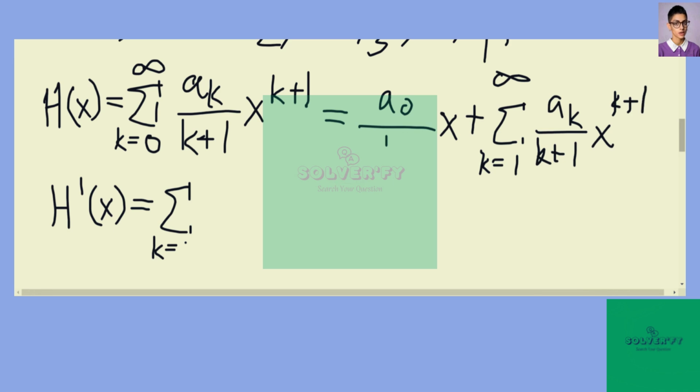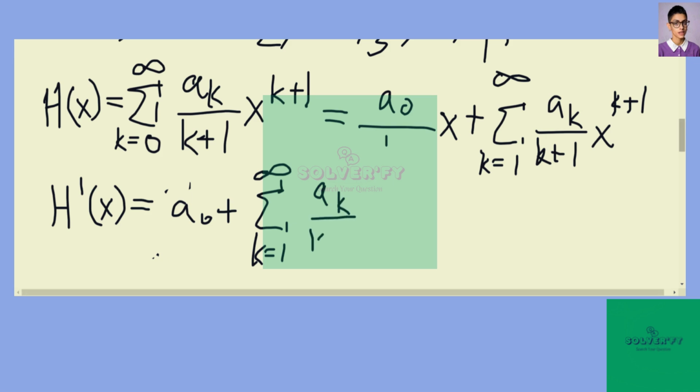So if I differentiate, this becomes a0 plus the sum from k equals 1 to infinity of a sub k over k plus 1 times k plus 1 x to the k, and this simplifies to a sub k x to the k.